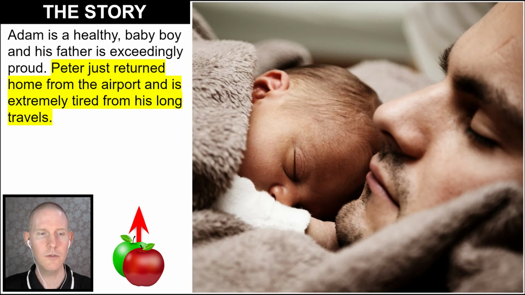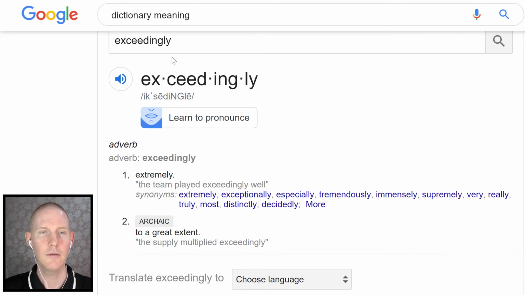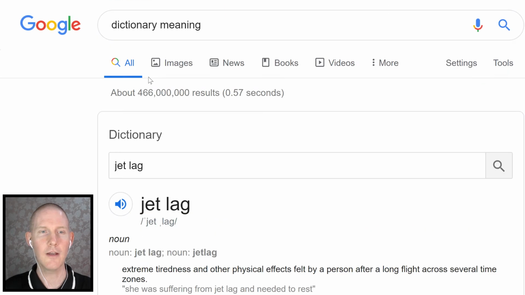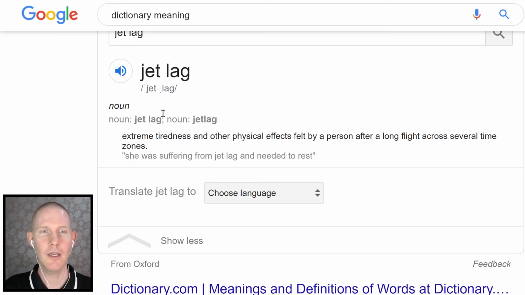Let's go to pictures. All right, let's put in, I wonder if it's in the dictionary. Well, let's find out. Jet lag. It is. Nice. Jet lag. Let's hear it again. Jet lag. Okay, so jet lag is like the airplane, the jet, right? Lag just means to fall behind, trying to catch up.